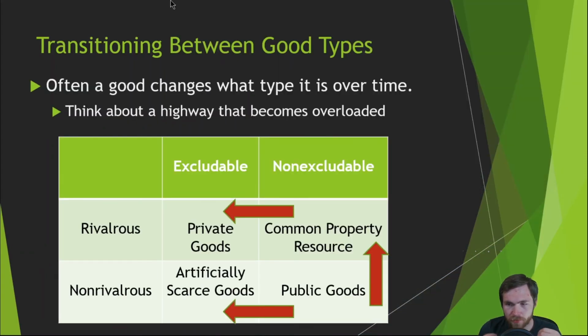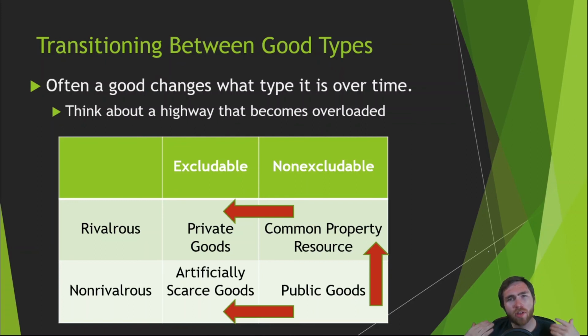So oftentimes, a good can change what type it is over time. A really simple example here would be thinking about a highway that becomes overloaded. A highway is essentially a public good at the start of it. My use of it doesn't prevent your use of it, and no one can be excluded from using it.